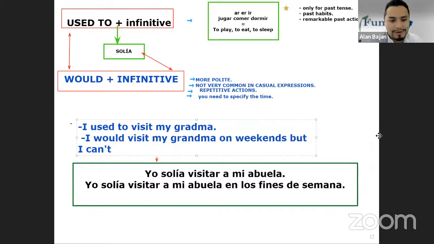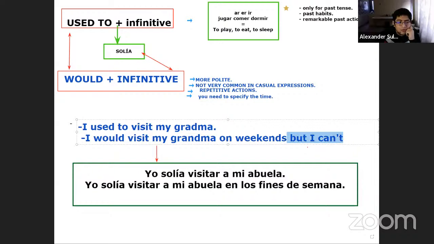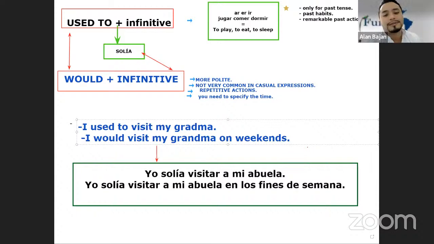Entonces ahí ya cambió la oración. Visitaría a mi abuela los fines de semana, pero no puedo. But here, the context I'm using is past tense. I would visit my grandma on weekends. Y en este contexto, tal vez yo estoy contando una historia o estoy relatando cosas de mi vida personal.